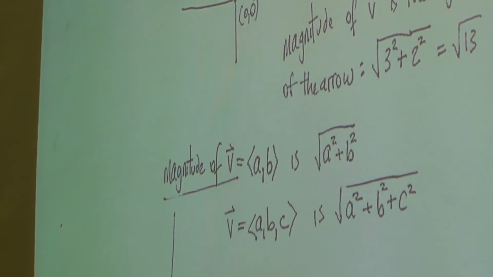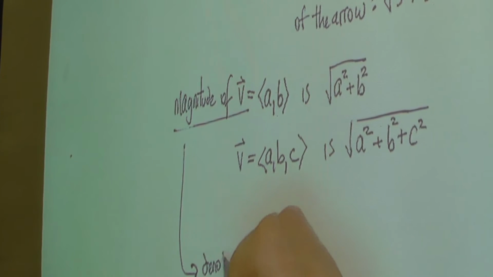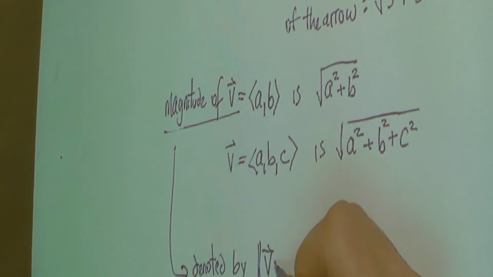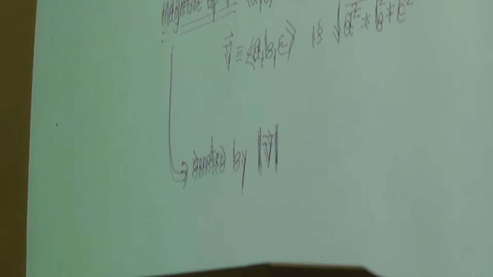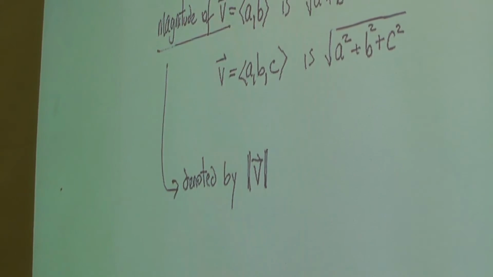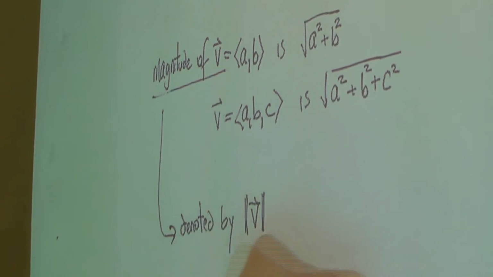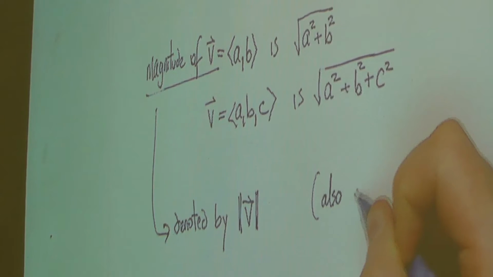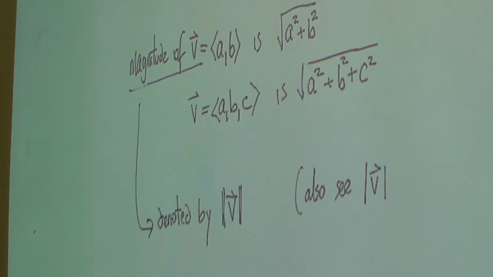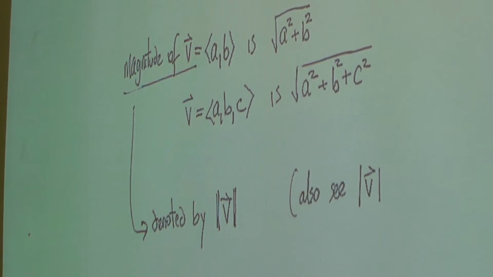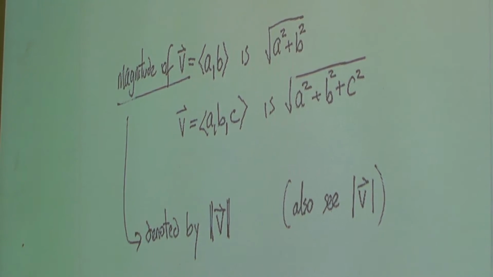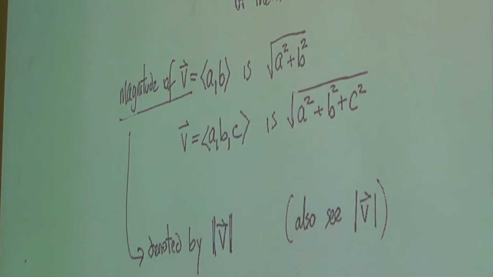Magnitude of a vector is denoted by writing this. Double lines around the vector symbol. This is also not universal. You will also see single lines. Our book uses double lines. Different books or papers or people will write it, I don't know, just accordingly.